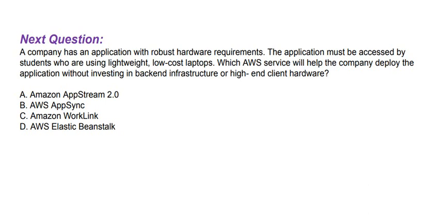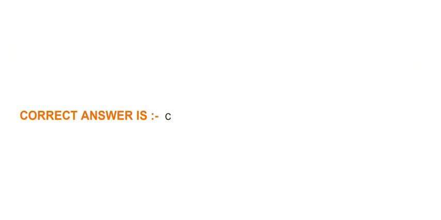Option A, Amazon AppStream 2.0. Option B, AWS AppSync. Option C, Amazon WorkLink. And option D, AWS Elastic Beanstalk. The correct answer is option C.